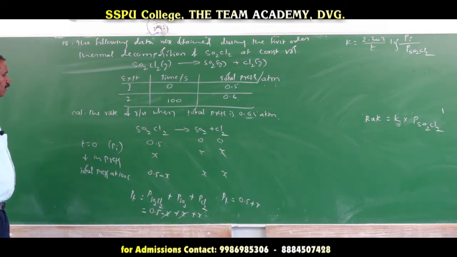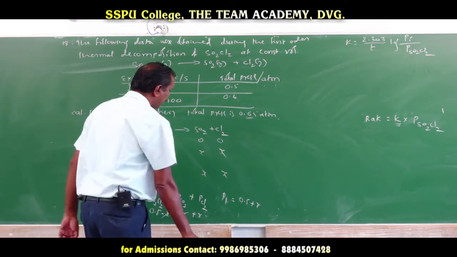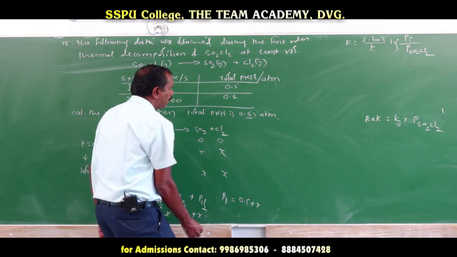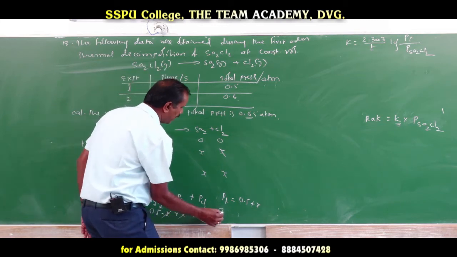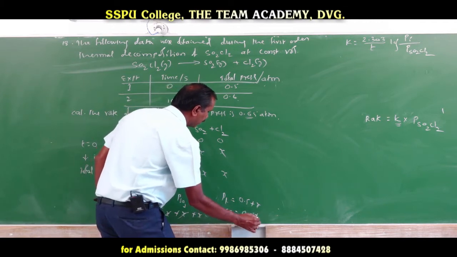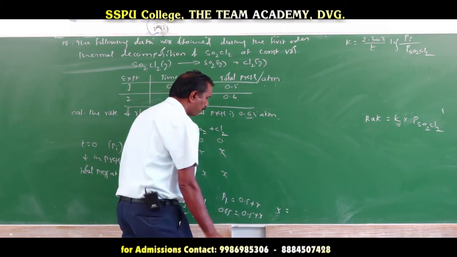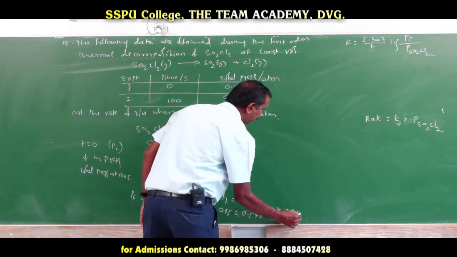Then we should calculate when the total pressure is 0.65. The total pressure 0.65 is equal to 0.5 plus X, where X becomes 0.65 minus 0.5, nothing but 0.15.